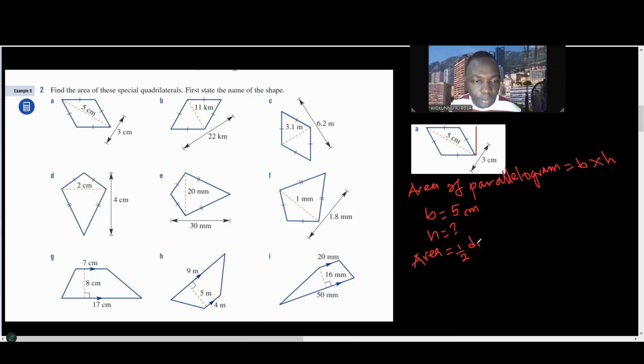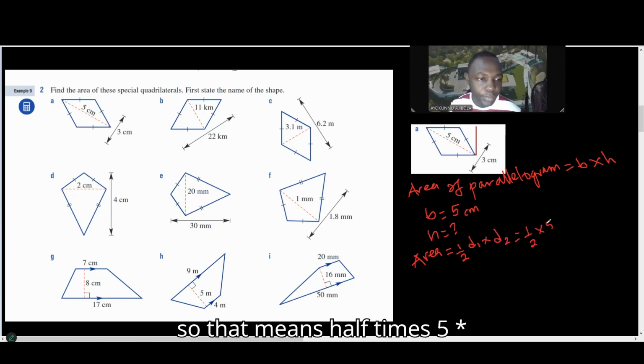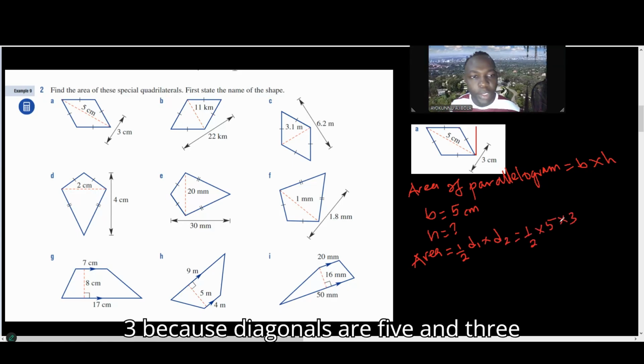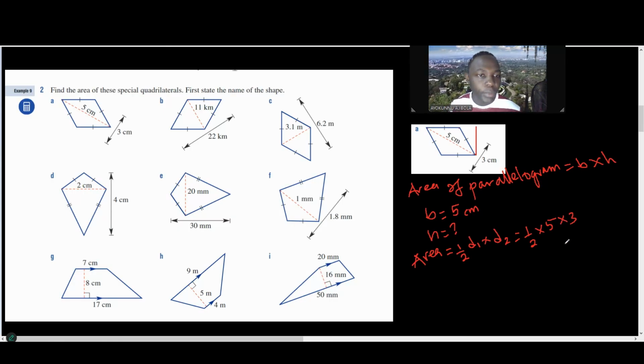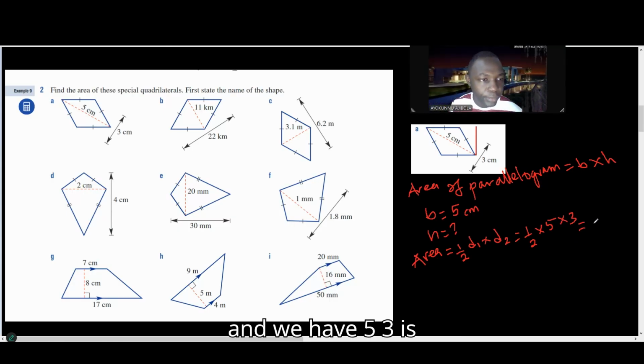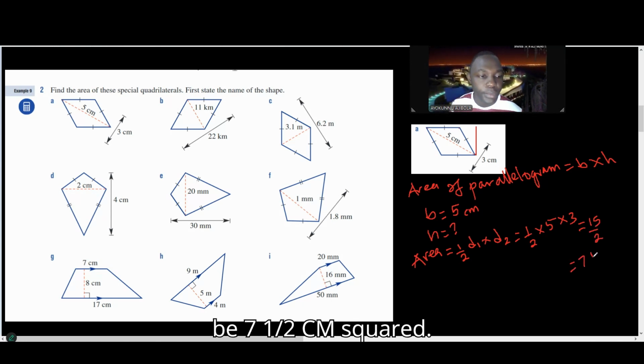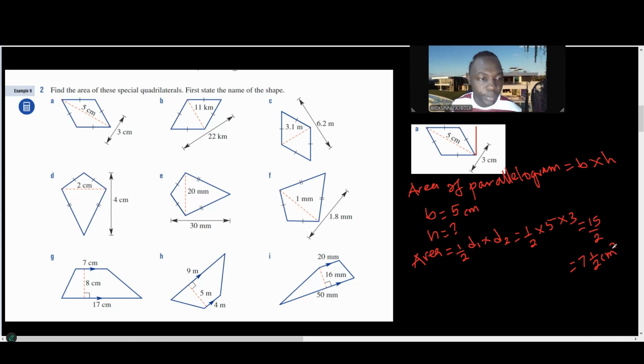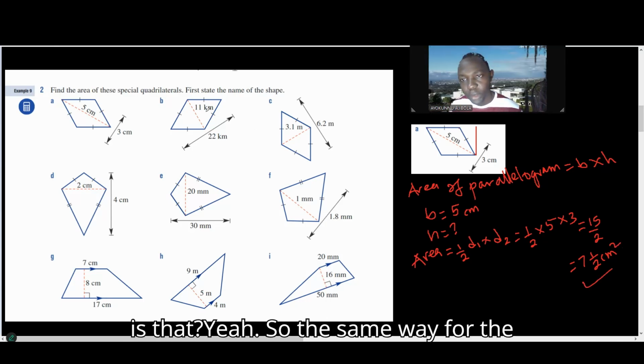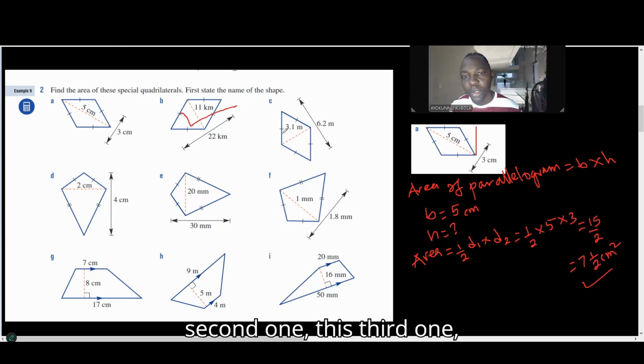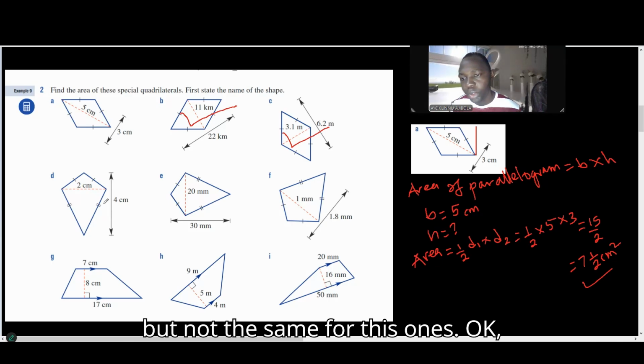So that means half times 5 times 3, because the diagonals are 5 and 3. 5 times 3 is 15, then over 2, and that'll be 7.5 cm squared. The same way for the second one and this third one.